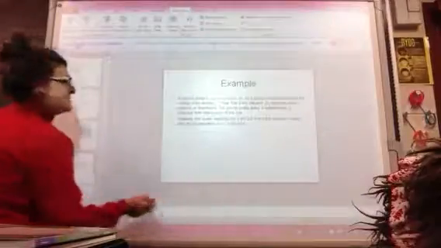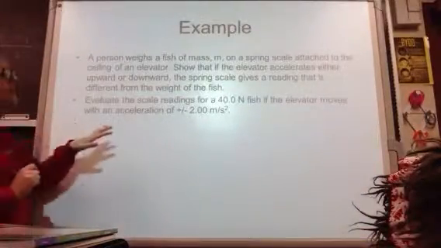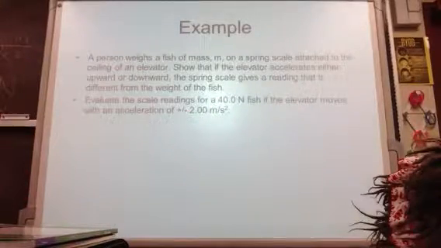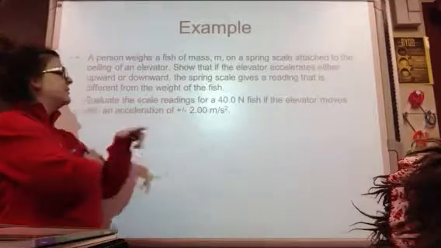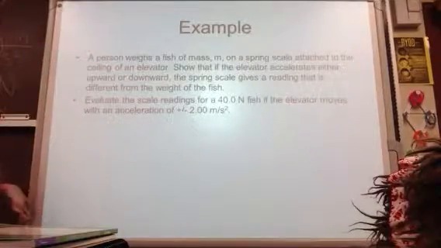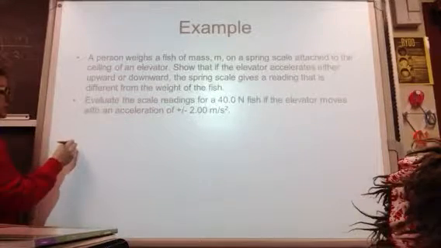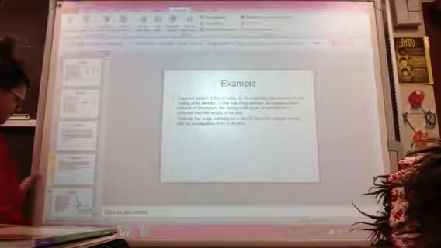So we said specifically in this problem, let's say that the scale reads for a 40 Newton fish. So we know the weight of the fish is 40 Newtons, and the elevator, let's just say, has an acceleration of either a positive 2 meters per second squared or a negative 2 meters per second squared. So let's just do the upward one first.